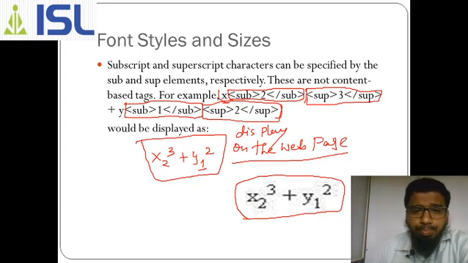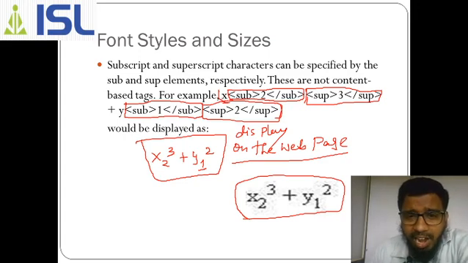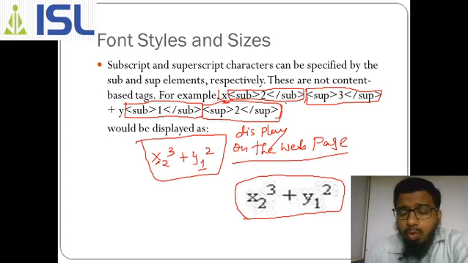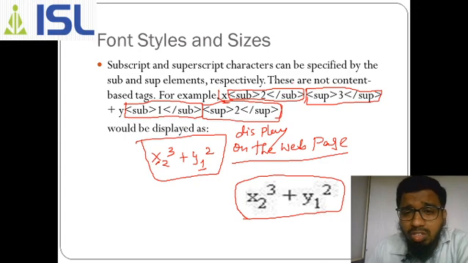Once again I will tell you. First is x. X is written as it is because it is normal. Then sub means it will go down and write whatever number you write here. The next is sub, an opening tag and closing tag. What is the problem if you do not close this?